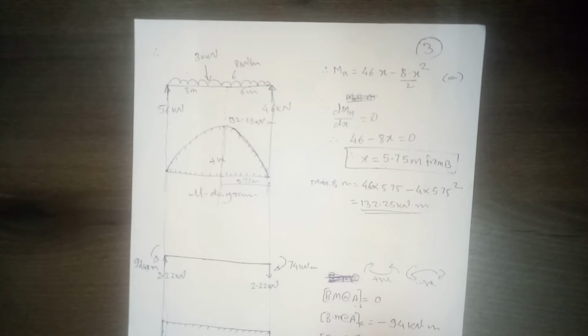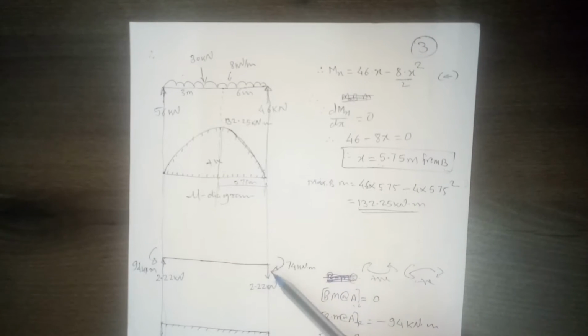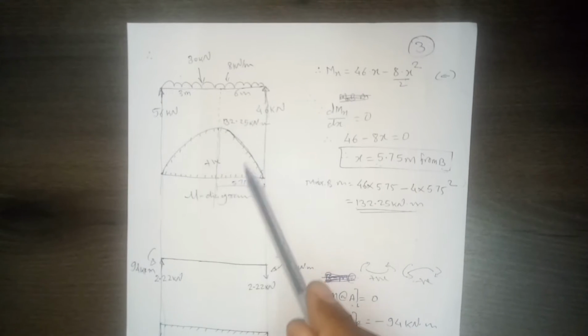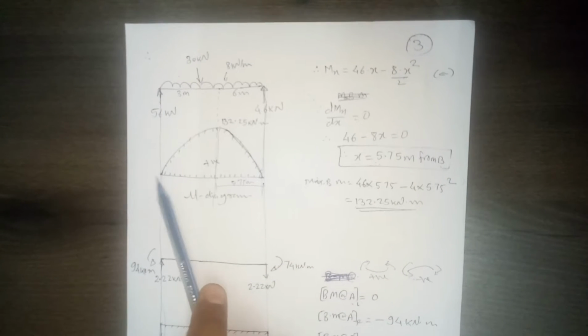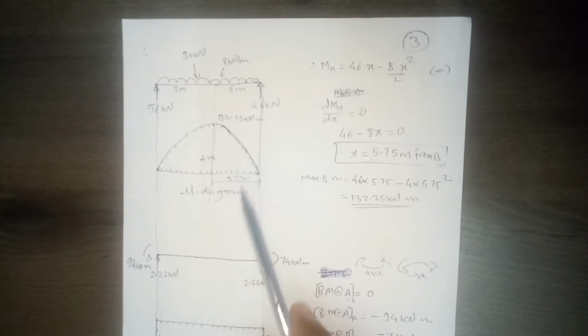Again, if you take the moment of this Mu dash diagram about the left or right point, it must be equal to the area moment of the other area about the left or right point, right? So using these two principles also we can calculate the fixed end moment. But anyway, that is different. We have already calculated the fixed end moment using the consistent deformation method.